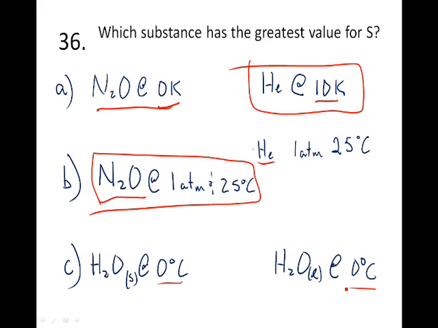Because it's going through a phase change. So that's what we're talking about here. But of the sample, the solid or the liquid, which one has the greater entropy? And of course, you know that the liquid is much more disorganized and the particles can move with respect to each other. So the liquid will have the greater entropy.